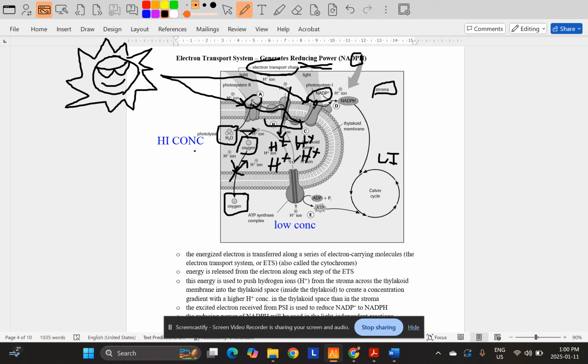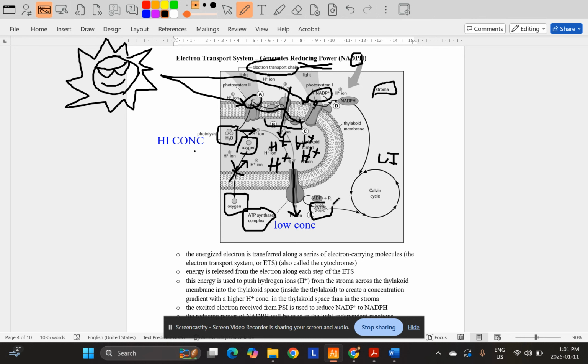And so fortunately, there is a protein in the thylakoid membrane called the ATP synthase. And the hydrogen ions can flow through here down the concentration gradient from high to low concentration. And as this happens, the ADP molecule, adenosine diphosphate, joins with a phosphorus molecule to make ATP energy.